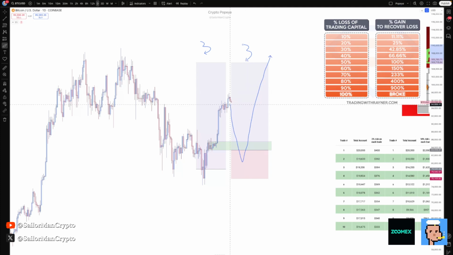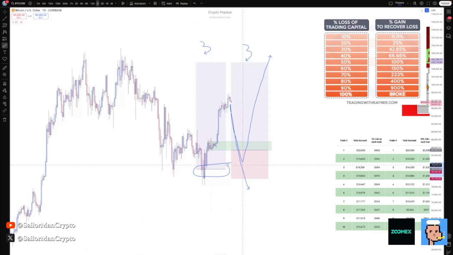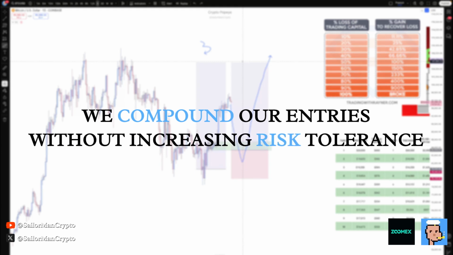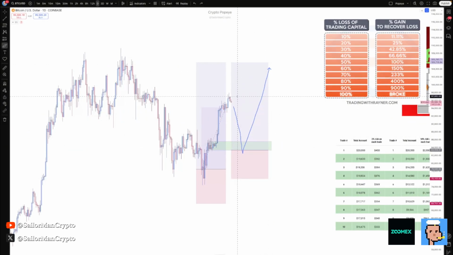If our logic doesn't work and the price does this, the first trade will be stopped at break even, and this trade will be stopped at 1%. So we respected our risk tolerance. We are not risking more than 1%, but in case we win, we will win 6%. We compounded our entries without increasing our risk tolerance to the market. So these are very important concepts.